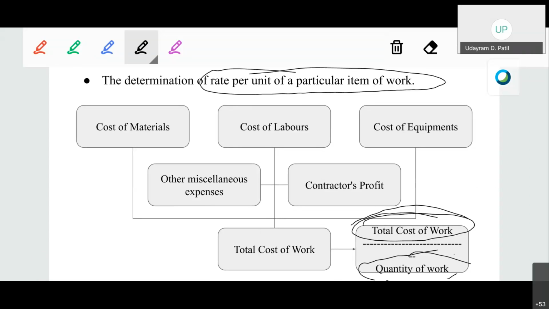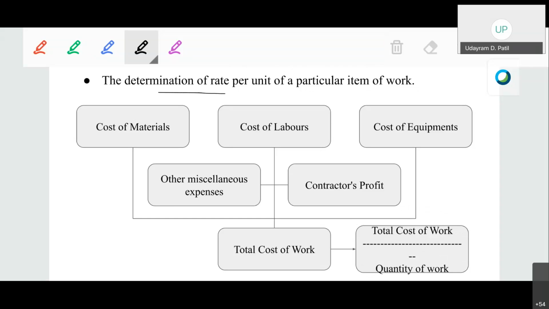Suppose it costs me 50,000 rupees to complete 10 meter cube. So 50,000 divided by 10 meter cube will give us the rate as 5,000 rupees per meter cube. This is the way we determine the rate per unit of that particular item of the work.